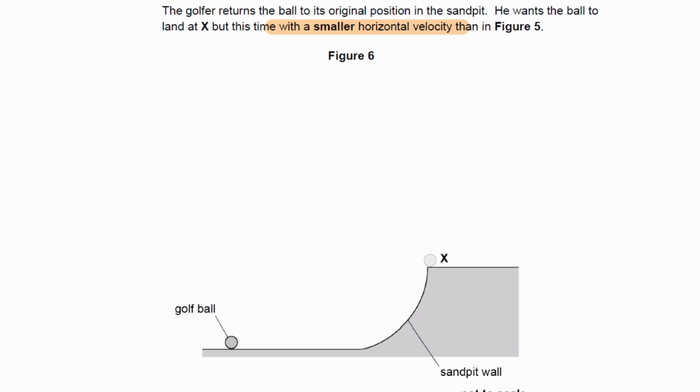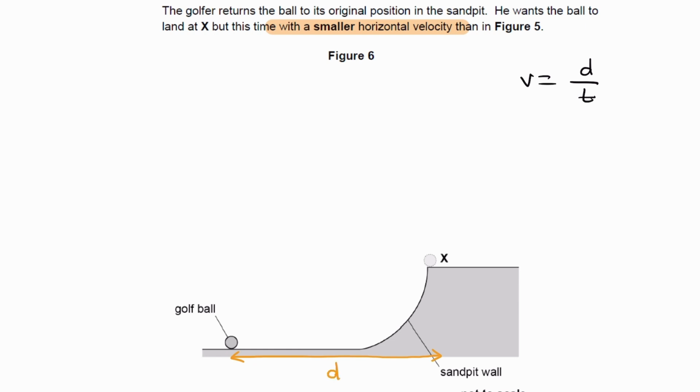Let's try and talk about this now in terms of equations. So if we first of all consider the horizontal direction. The only equation that we can use in the horizontal direction is speed is equal to distance over time. So our horizontal speed is equal to the horizontal distance divided by time. And the horizontal distance is unchanged. So the distance from here to point x does not change.